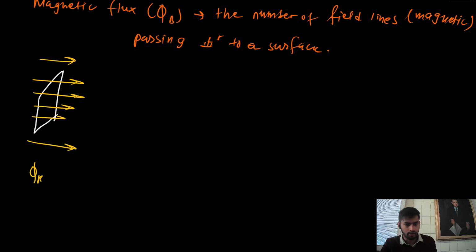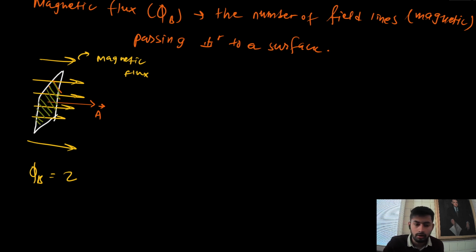As if phi B is equal to 2, and this represents magnetic flux, and this is our area vector, and this is our sheet that we colored.